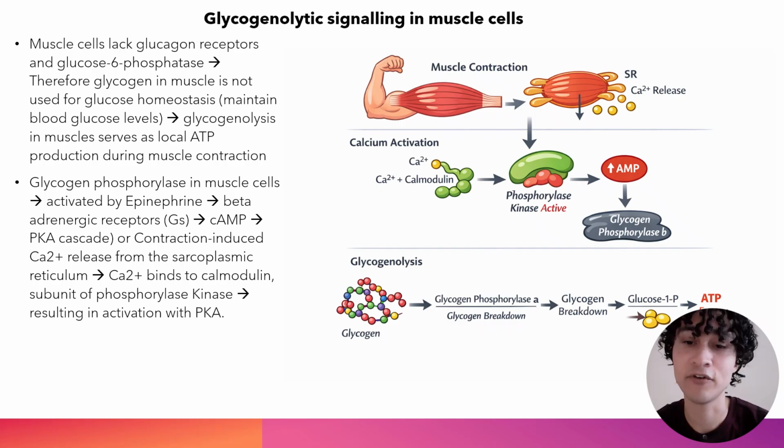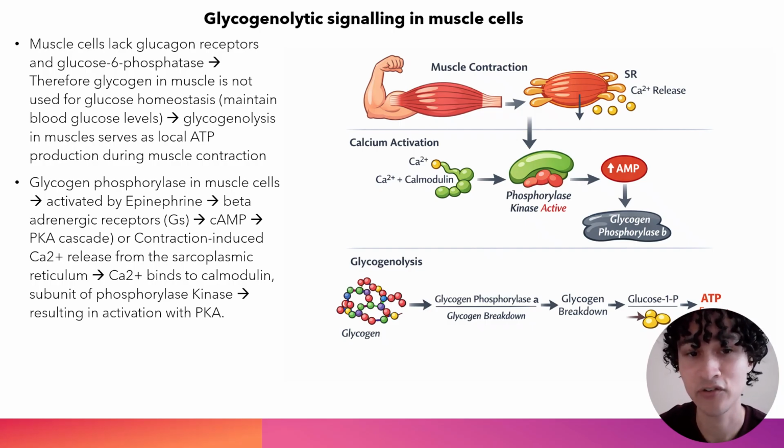Okay, and then that free glucose can leave the liver cells and enter the bloodstream. So it increases hepatic glucose output, and it will raise your blood sugar levels after you have hypoglycemia after fasting.